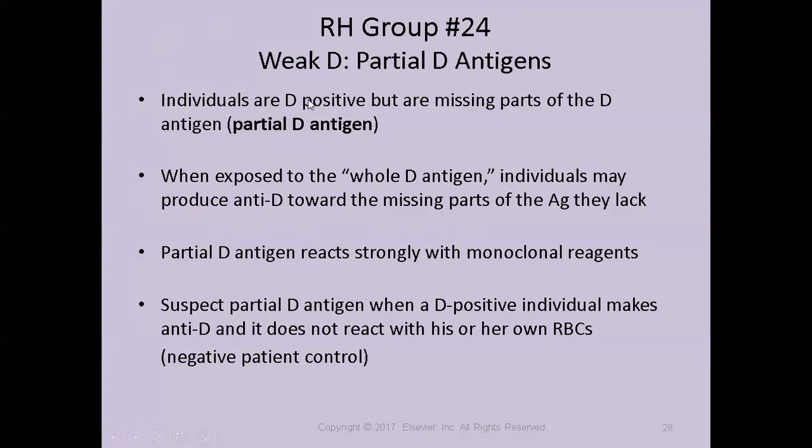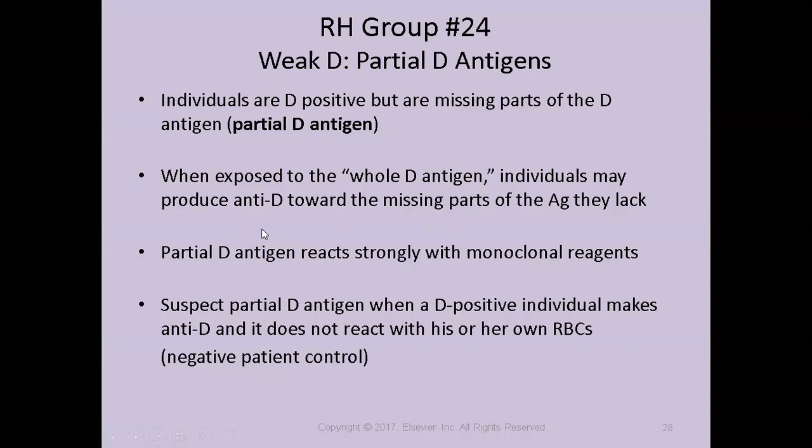So these individuals are still considered D positive, but they happen to be missing certain pieces of the D antigen, and so hence the name partial D. When they are exposed to the whole D antigen, let's say they get a transfusion of D positive red cells from another individual, they can actually make anti-D that's directed against the missing pieces of the D antigen that they lack. Okay, so it's actually pretty interesting.